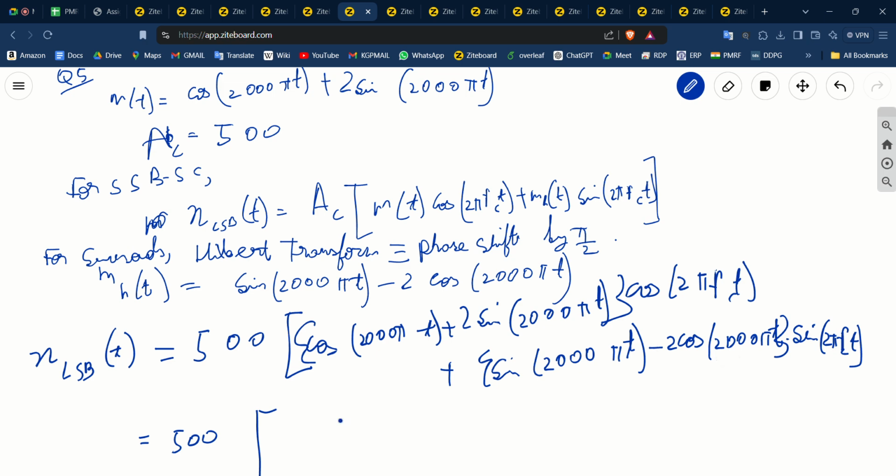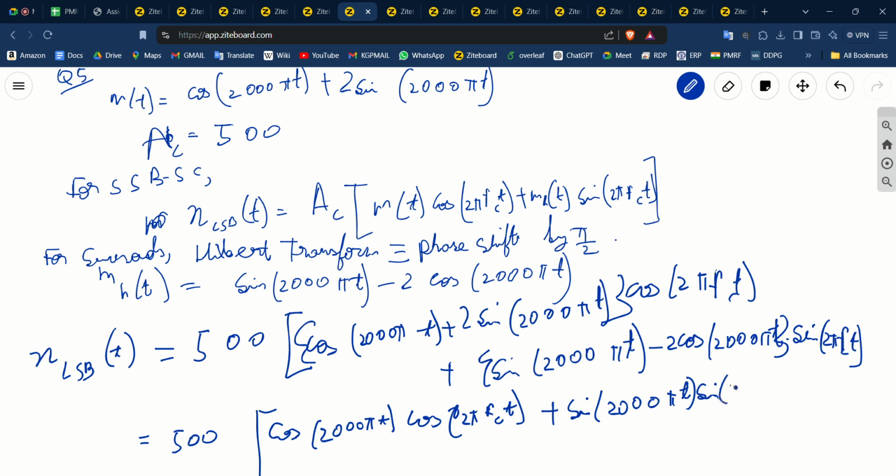We will collect the cos cos and sin sin terms together, because cos A cos B plus sin A sin B will be cos A minus B. Sorry, minus sin A sin B would be cos A plus B. So cos 2000 pi t cos 2 pi f_c t plus sin 2000 pi t sin 2 pi f_c t. This is one expression, and it is done.